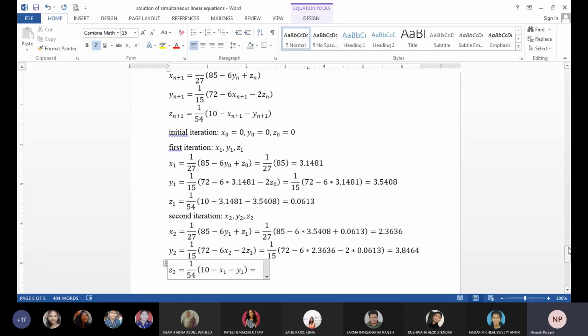So it was a good thing that before the calculation of y2 we realized that part. Otherwise we would have had to redo all the later calculations. This is what will be my z2: 1 upon 64 times 10 minus 2.3636 and minus 3.8464.